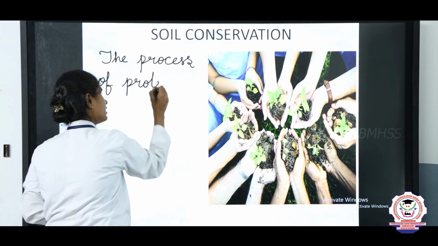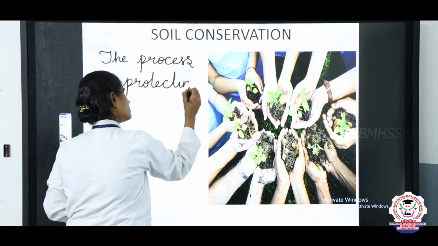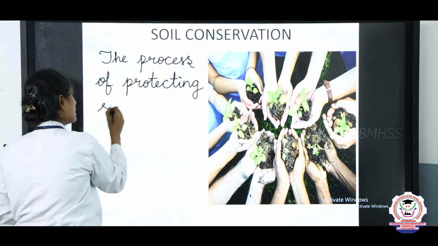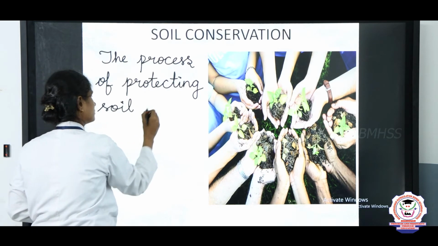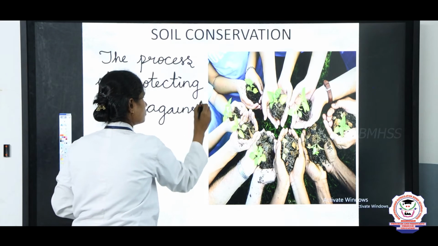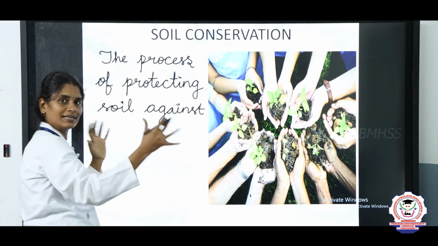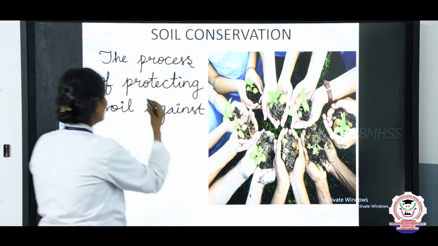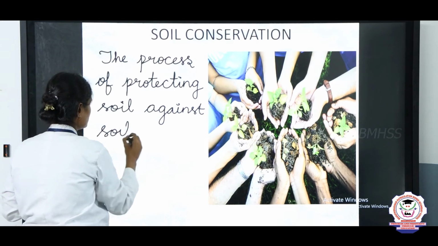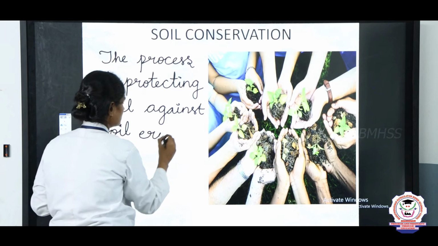We need to protect soil against soil erosion. Before the soil erosion, we need to protect that soil, isn't it? So protection of soil against soil erosion is called soil conservation.